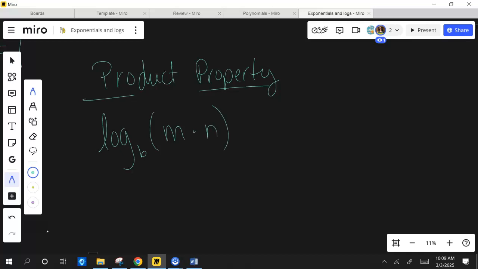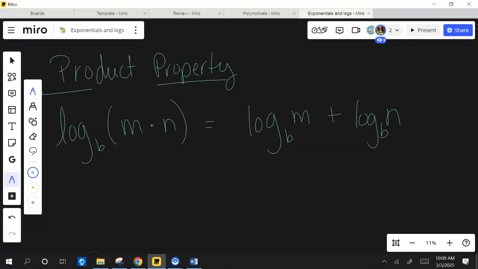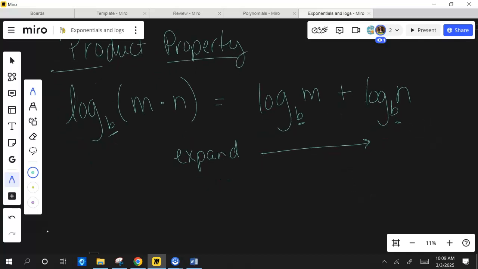I can split these up, log base b of m plus log base b of n, because the base is the same. If I move from left to right, this is expanding. You remember what it's called if I move from right to left? Condensed.